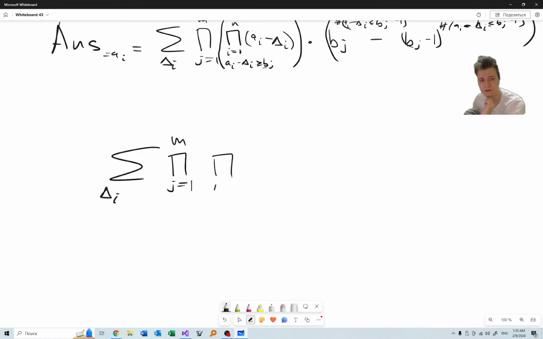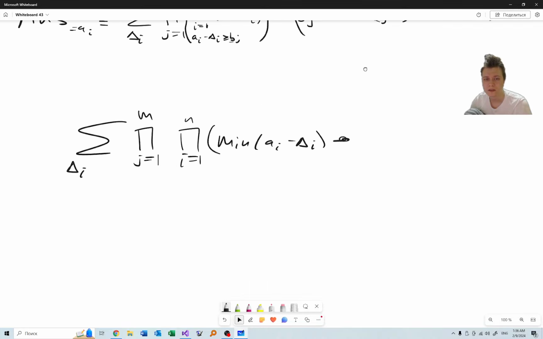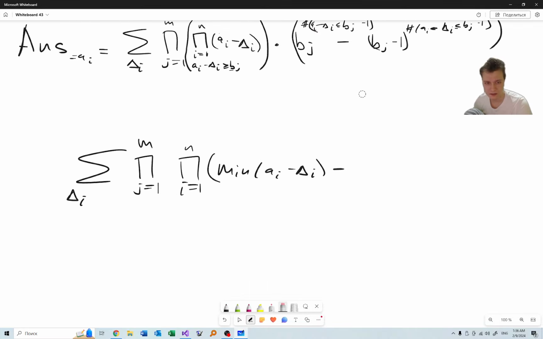So product of i equals 1 to n, bj to the power, a minimum of ai minus delta i, minus product, minimum here because I need bj, minus product of minimum of ai minus delta i, bj minus 1.